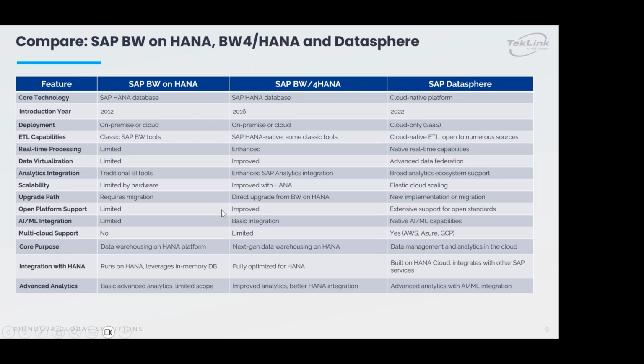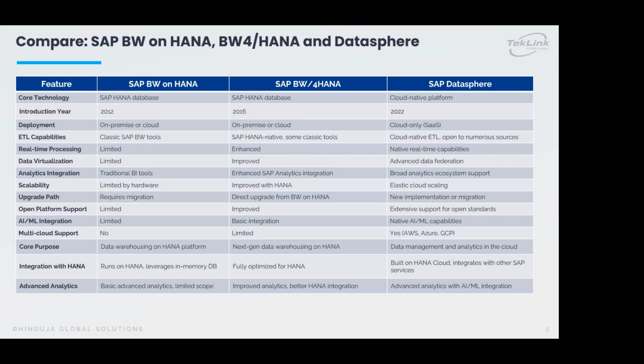There are upgrade paths. So BW on HANA, I think support and maintenance is going to be sunsetting soon from SAP's perspective. But if you are on BW for HANA, it's a journey. It's going to continue, I think till 2040 is available.